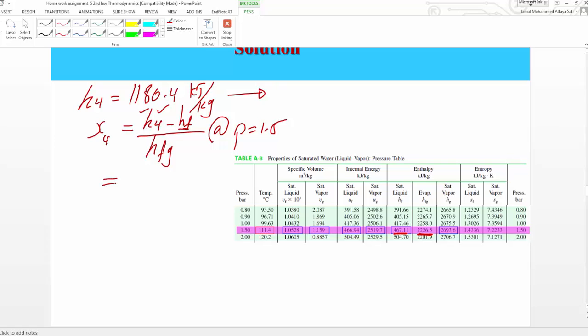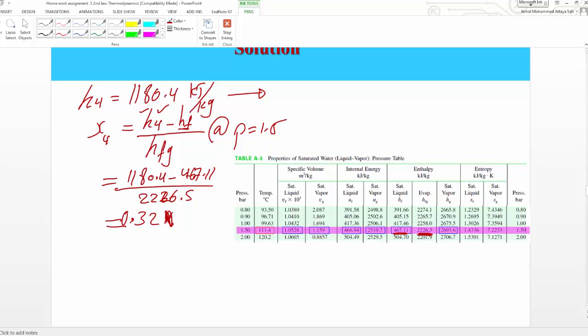If you put all these numbers, I can even write it: 1180.4 minus 467.1 divided by 2226.5, and if you do so, you're going to get X as 32%. I can write like this.